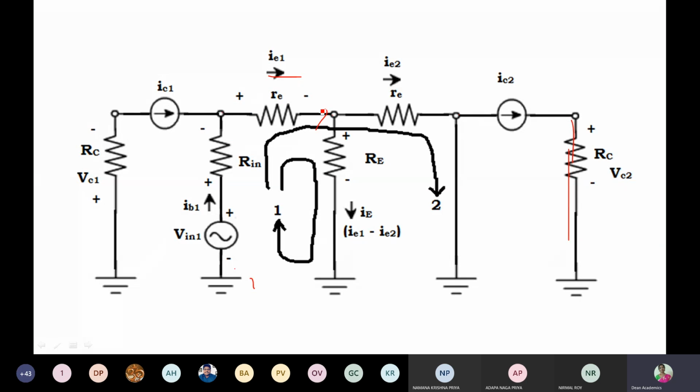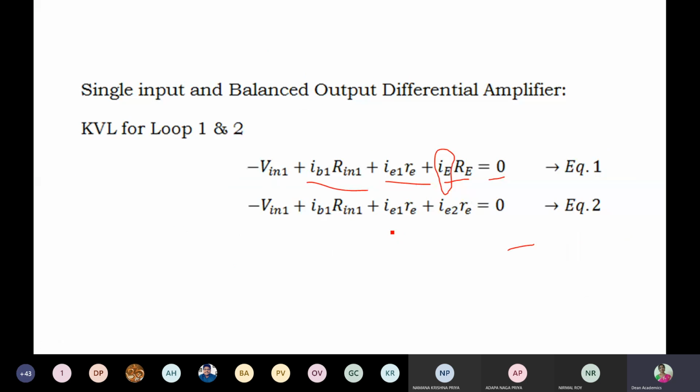After reaching this junction, this node, IE1 is divided into two parts. Whenever there is a node, you know KCL, right? The sum of currents entering the node is equal to the sum of currents leaving the node. So IE1 is entering. The notation we have taken is IE2, that is the current flowing in this direction. The difference of these two, IE1 minus IE2, is the current capital IE. That is the notation we have considered. That's why we got this IE into RE equals 0, right?